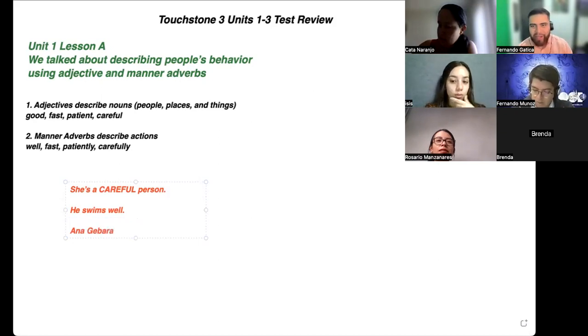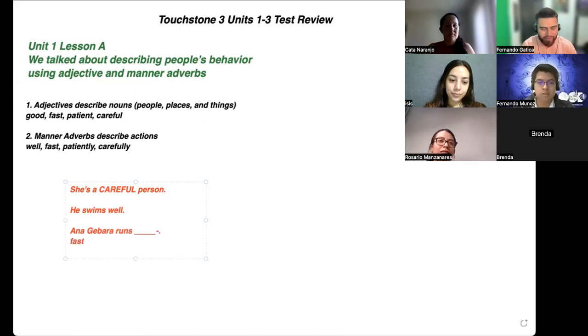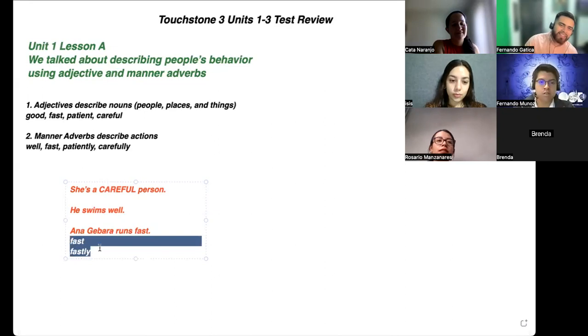Is that correct? I don't know. Okay. Well, Ana Guevara runs, listen to this, runs fast or fastly? Fast. Really? Why not fastly? Because it doesn't change. Very good. Fastly does not exist.